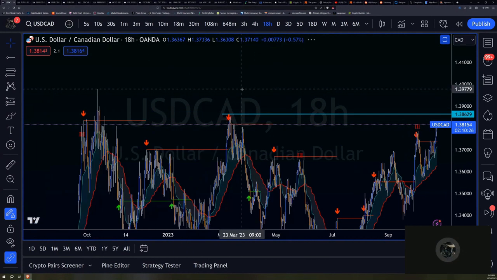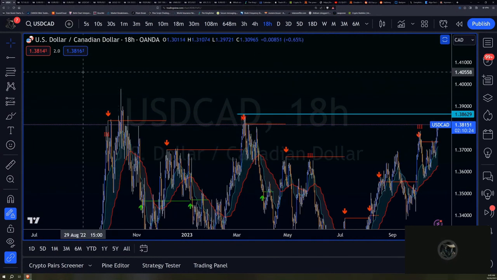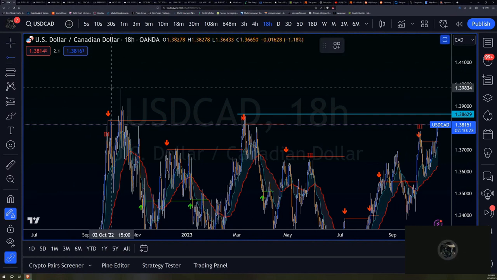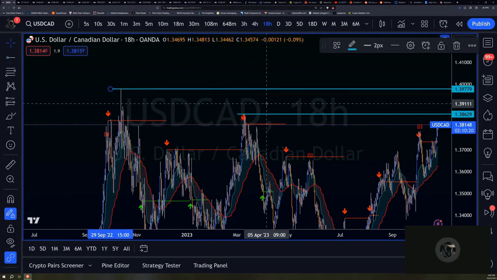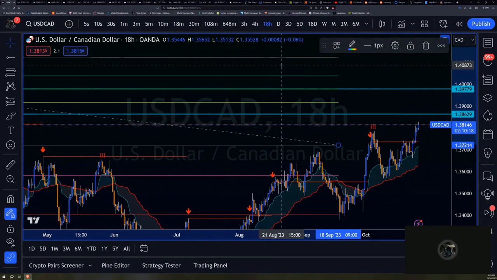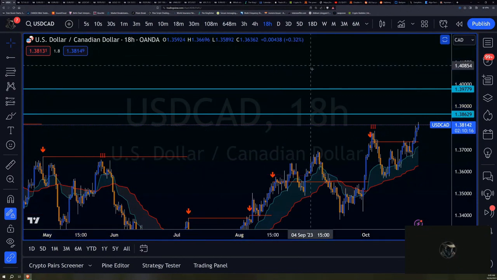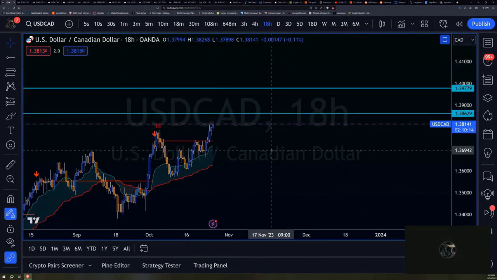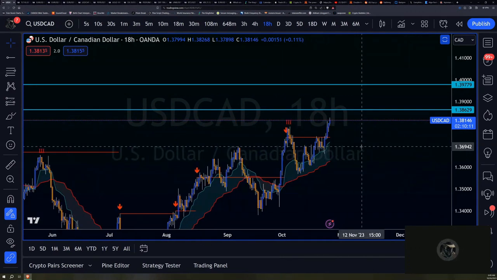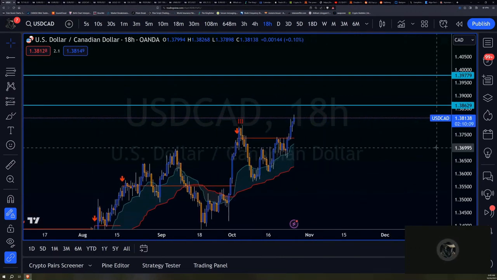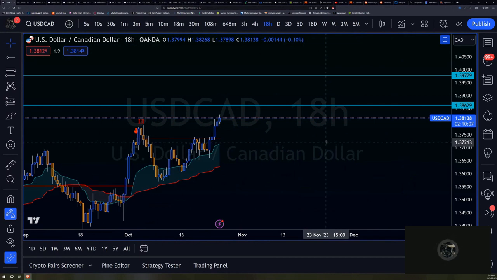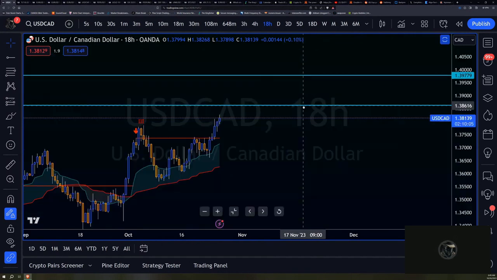So there is structure there, and structure not as relevant right here. There's structure everywhere, but these are the ones that are in the way of price. So I would expect price to slowly rise in this direction. And now we have our structure mapped out.